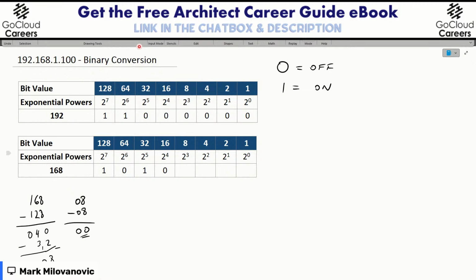Now, at this point, we already agreed. We used 128 once. We did not use 64 because 64 would overshoot or would be too much to give us back just 40. So we decided to go with 32 because 32 would not be larger than 40.